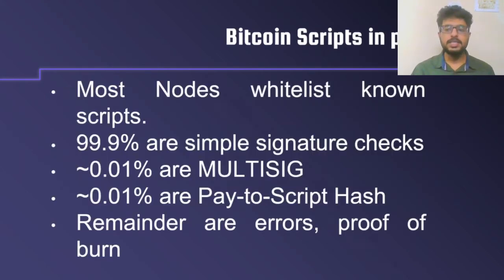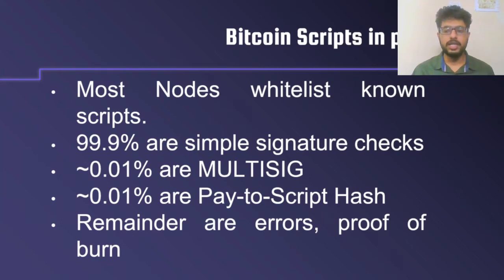As of today, this script is not used very heavily. If we look at the history of Bitcoin and see what scripts have been used, the vast majority, 99.99%, are exactly the same script that we saw in our script execution example: a script that just specifies one public key and requires a signature for that public key in order to spend that coin.